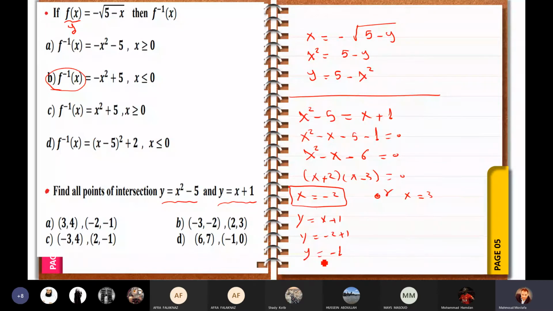So the first point is negative 2 and negative 1. Second point, when x is equal to 3, we have the same equation, y equals x plus 1. Y equals 3 plus 1, so y is 4. So we have x is 3 and y is 4. Here are the 2 points, 3, 4 and negative 2, negative 1, which is A. Any question?